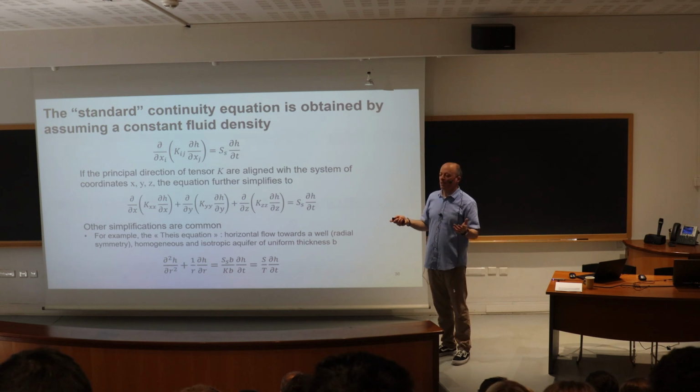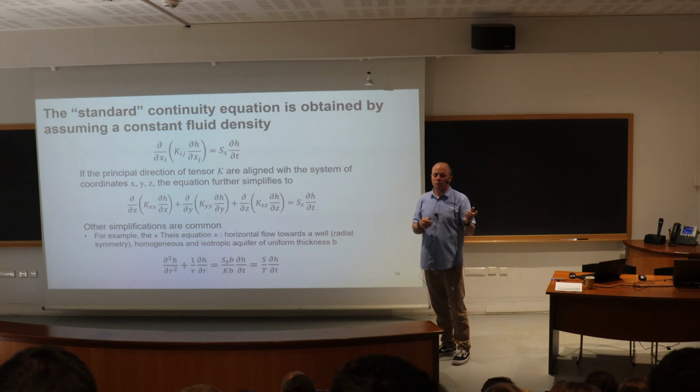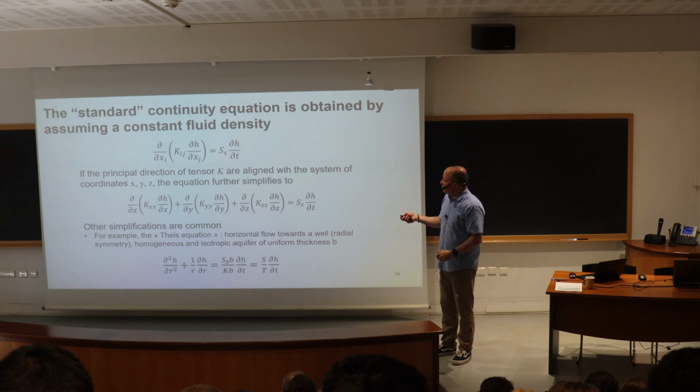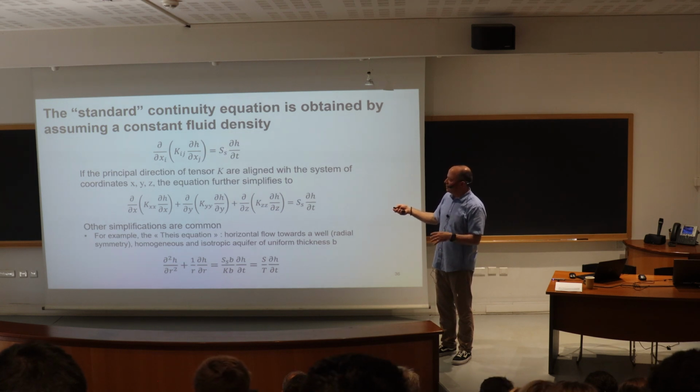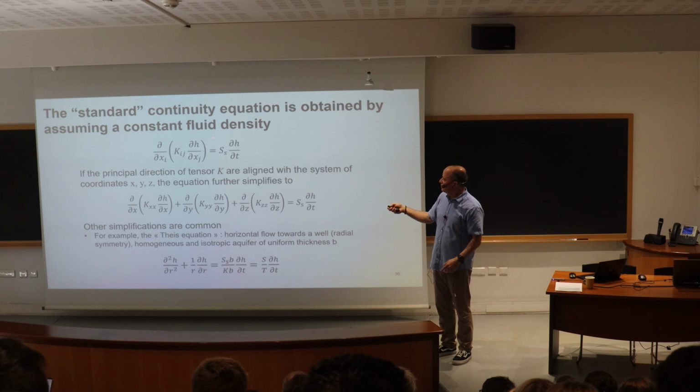Again, for most applications that's justified, but not all applications. You might want to keep that variable density term in there. And you end up with a fairly simplified form; this is the general form in 3D with i and j varying from x, y, and z.